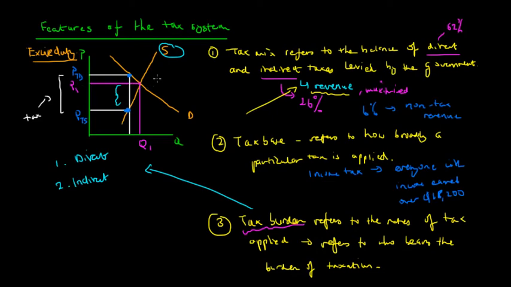Let's say P1 is at $10, PTD is at $12, and PTS is at $4. The suppliers, after the excise duty tax, lose $6 worth of revenue, whereas those consuming only need to pay an extra $2. So the taxation revenue for the government here will be $8. The suppliers in this case bear the majority of the tax burden.